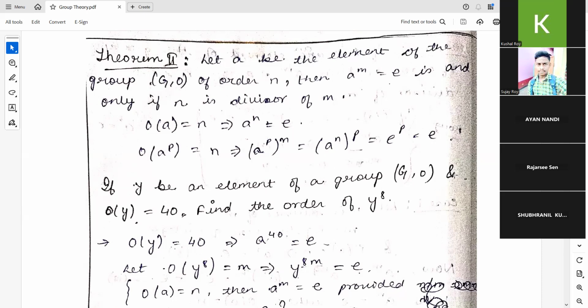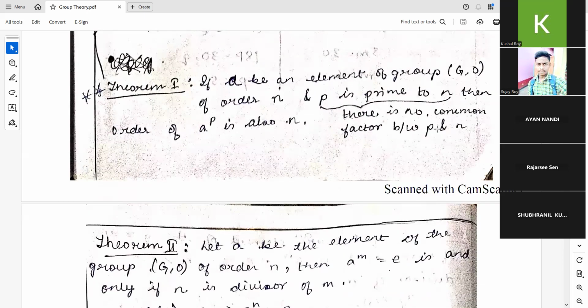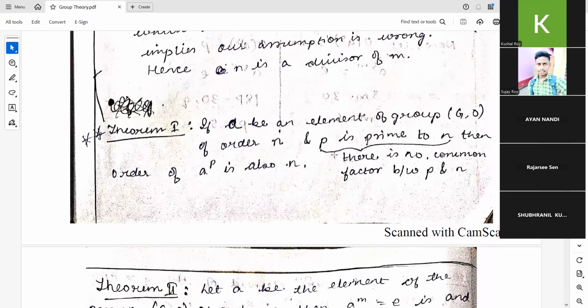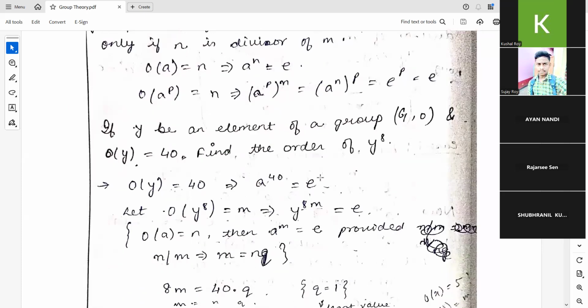In that case, a to the power 4 whole to the power 8, a to the power 32, will be quite difficult to handle, because how much n will be considered, what is the value of n to be considered, it will be difficult for us. And in that case, we have to assume that p is prime to n. Otherwise, the order of a to the power p will not be n. Okay. So this is the theorem.